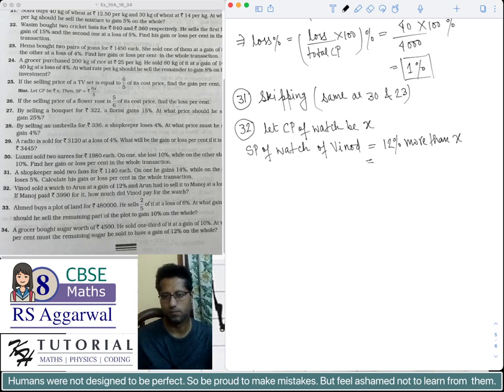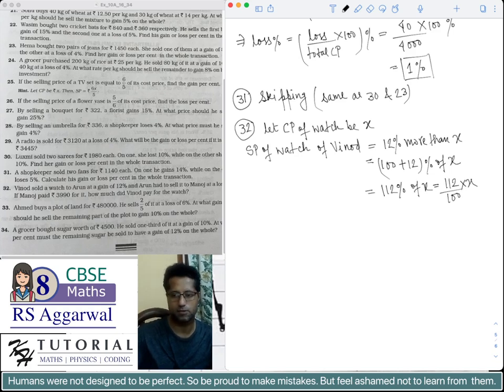This is equal to 100 plus 12% of X. This is equal to 112% of X. This is equal to 112 divided by 100 multiplied by X. This is the selling price of the watch sold by Vinod to Arun.